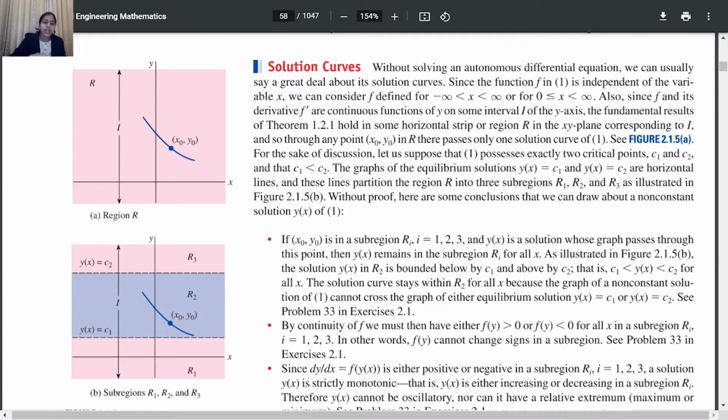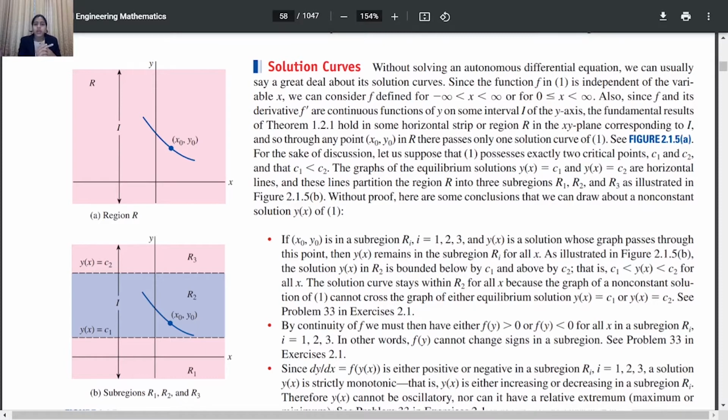If it had to cross the line y equal to c2, then y equal to c2 must be a solution there. But when we are discussing this solution, we are not discussing equilibrium solutions, but rather non-constant solutions. So the solution curve will always lie between these two boundaries, and we know the region where that particular solution will be lying.